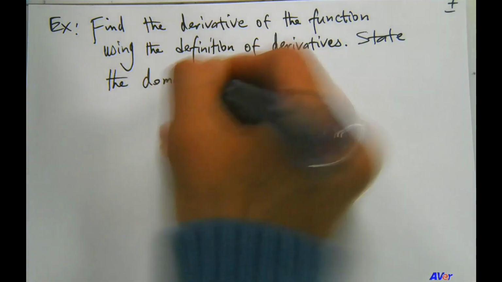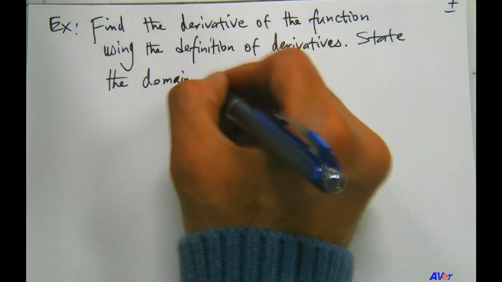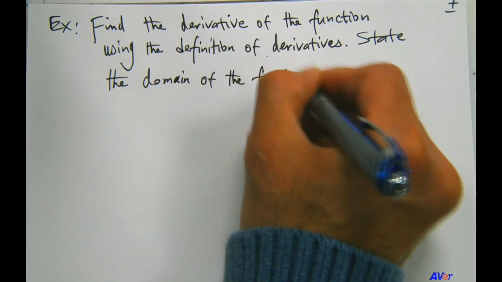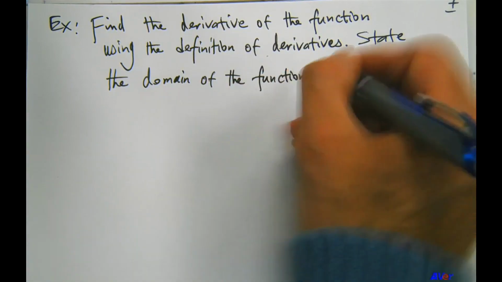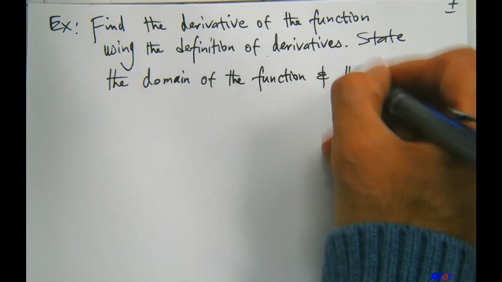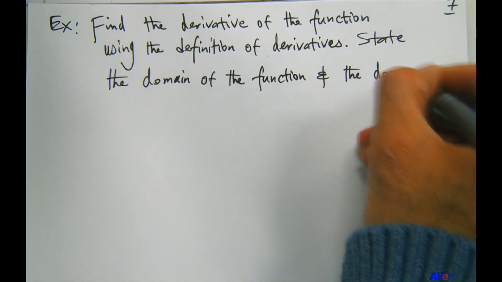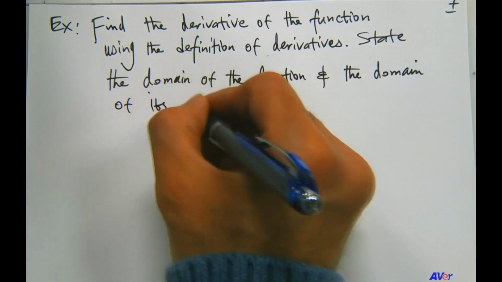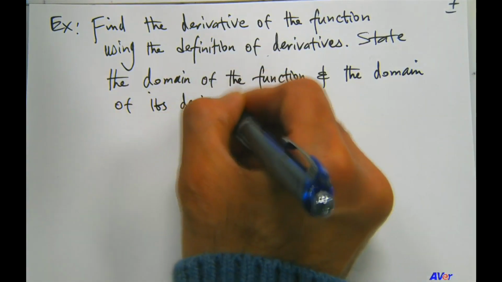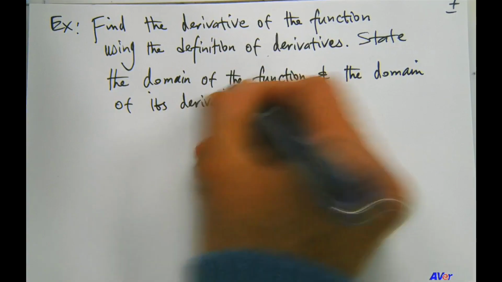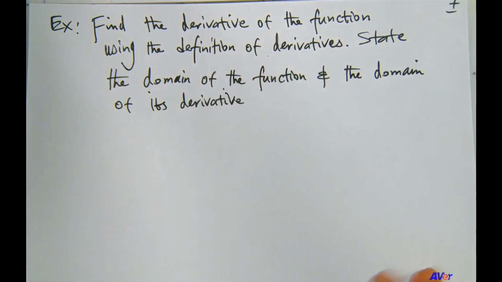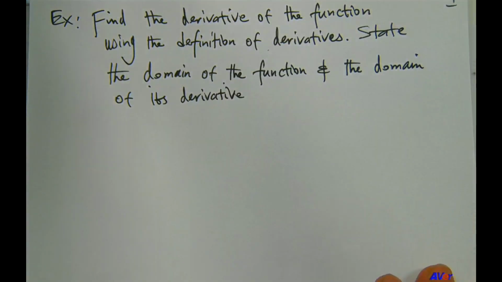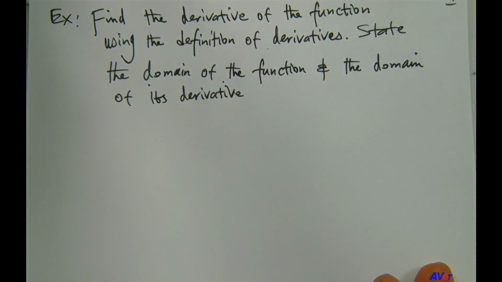State the domain of the function and the domain of its derivative. Interesting. This concept of the domain was absent for a while. Now it's back with a vengeance. They want us to give the domain for the function and its derivative. Okay, we'll do that.